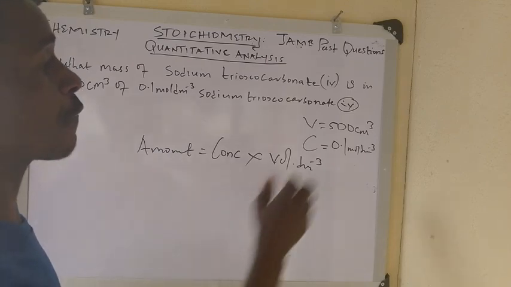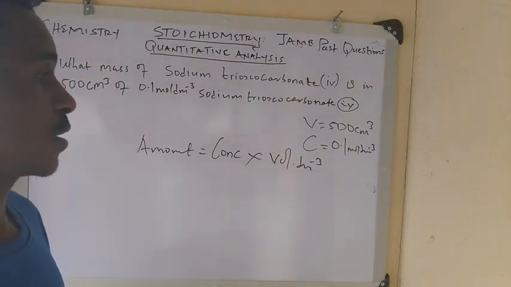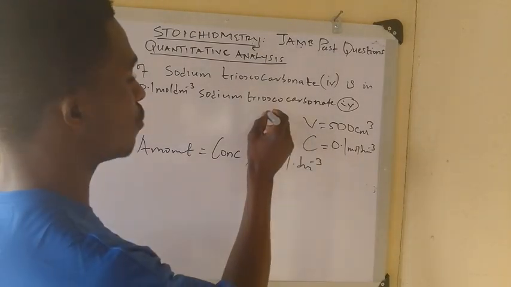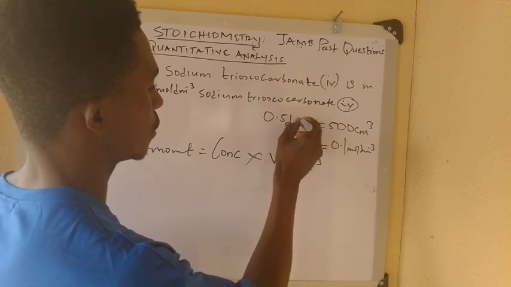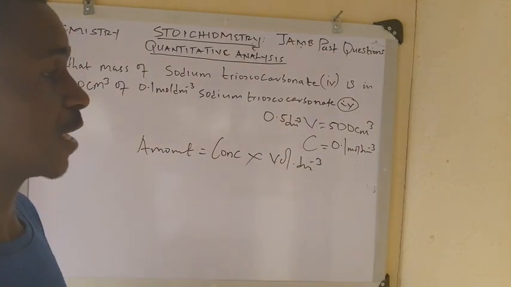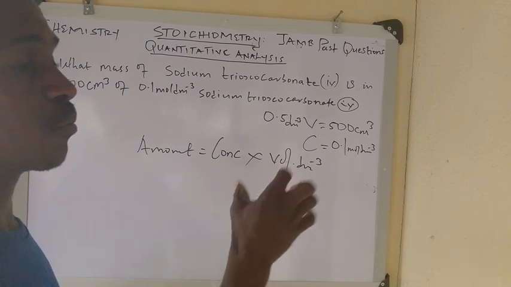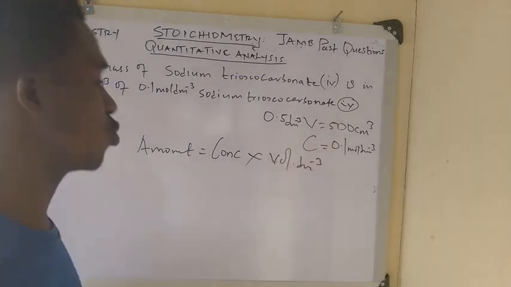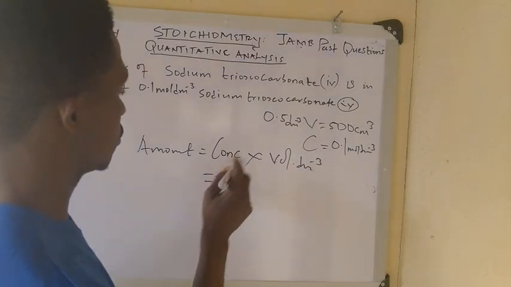If you divide 500 by 1000, you have 0.5. So our volume here is 0.5 dm³, not cm³ again. You understand? Because concentration is in mole per dm³, our volume too should be in dm³.